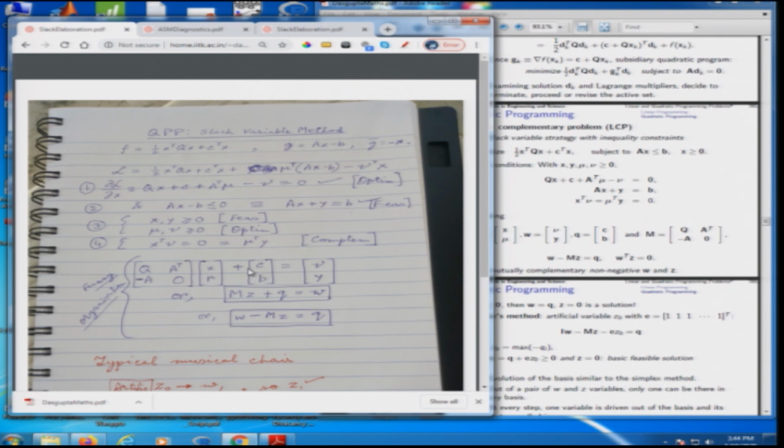Anyway, so this is one funny thing that has been done. Another funny thing, do you notice? We actually forcibly took this A on the other side, and therefore it became minus A. Originally it was A. In the active set method, this entry here was A. Now, in this particular instance, what we are doing is that for an originally symmetric matrix, we are doing something artificial to spoil the symmetry.